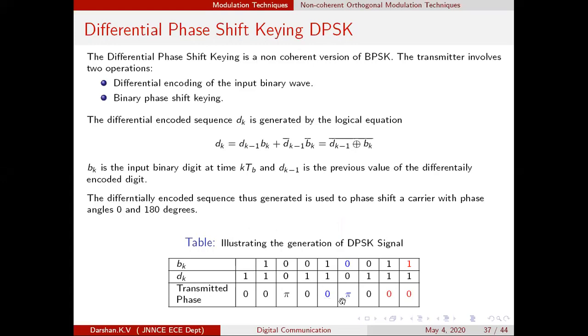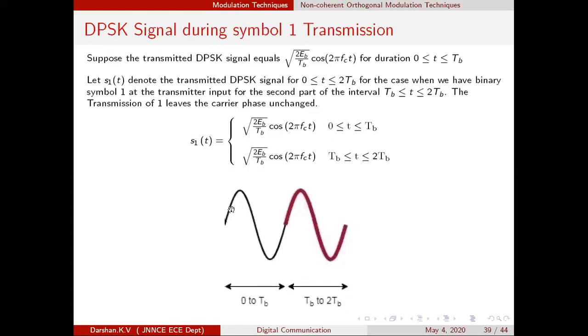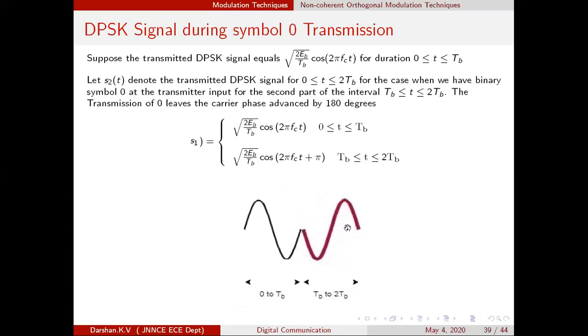If you want to transmit 0, you will change the phase of the carrier. I hope you are understanding. During every time interval, a signal is transmitted, and depending upon the previous phase, you are changing the phase of the carrier. That's what you are going to do.